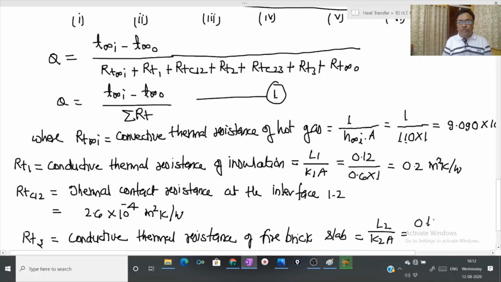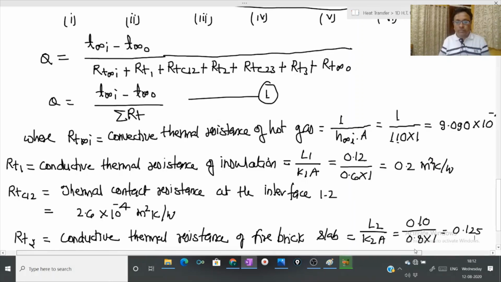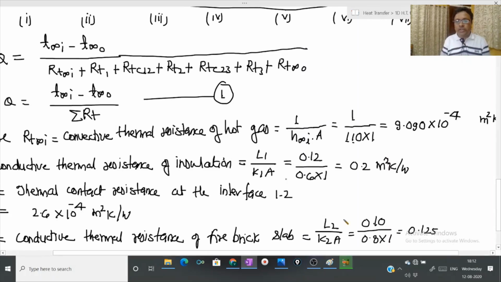Thickness is 0.10. Its thermal conductivity is 0.8. Area is 1. So this comes out 0.125. Unit will be meter square Kelvin per watt.